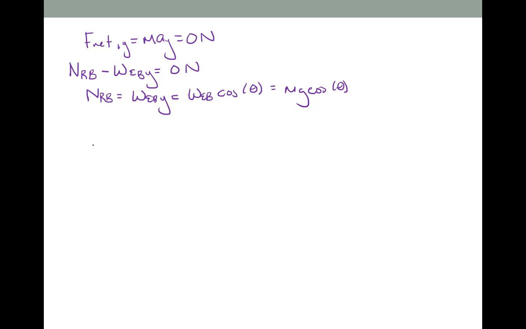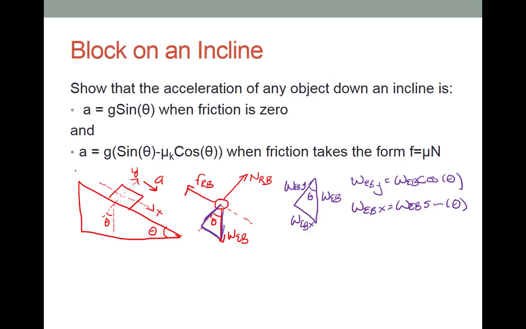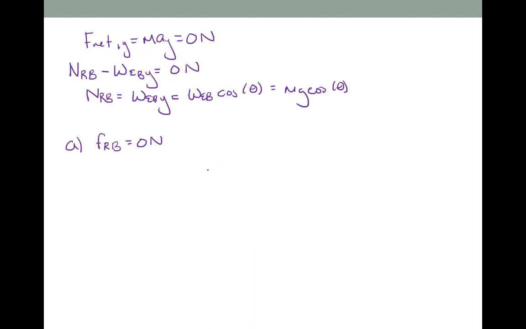The next thing I'm going to do is look at the first question where the friction is 0. So friction from the ramp on the block equals 0 newtons. In that case, horizontally, if you look, this force isn't there. So the only force horizontally I have is the x component of the weight.